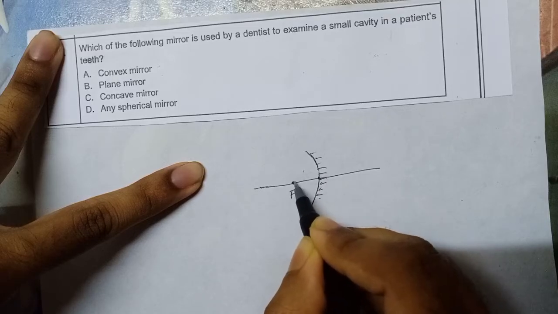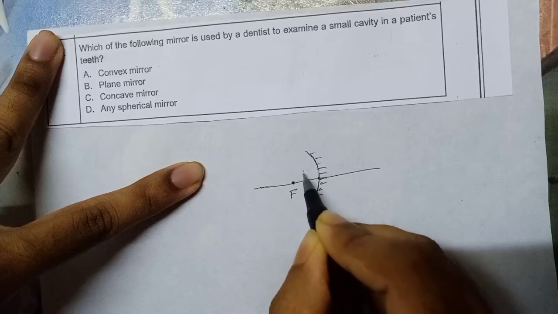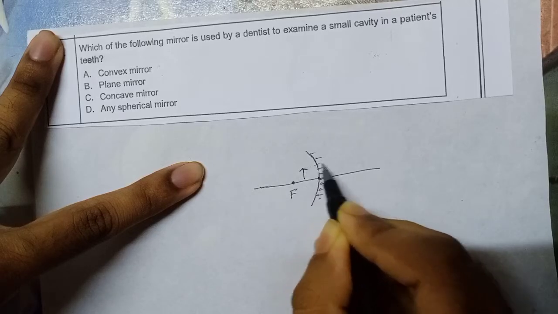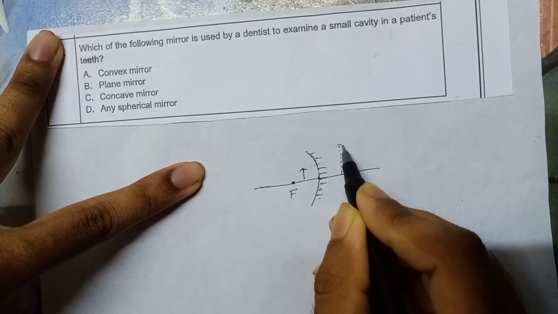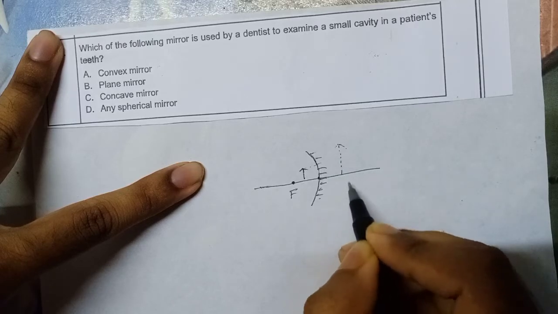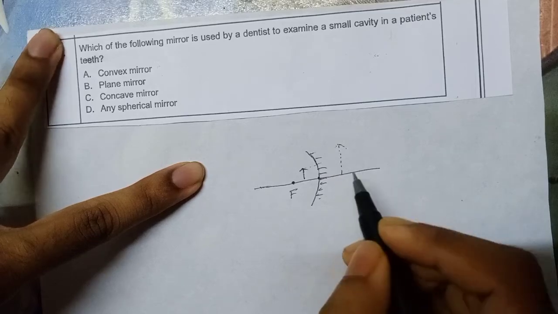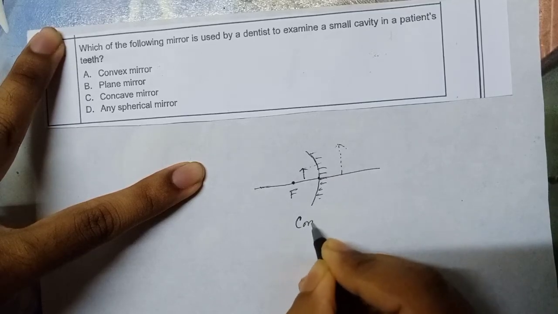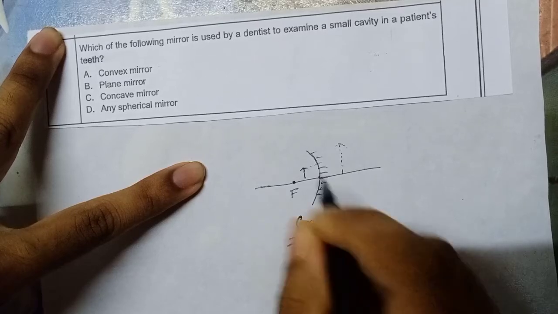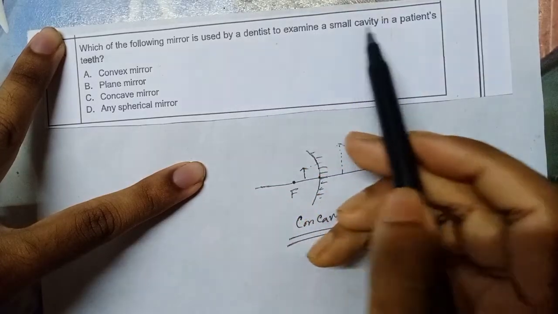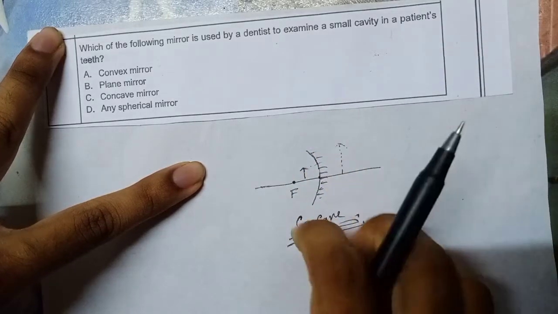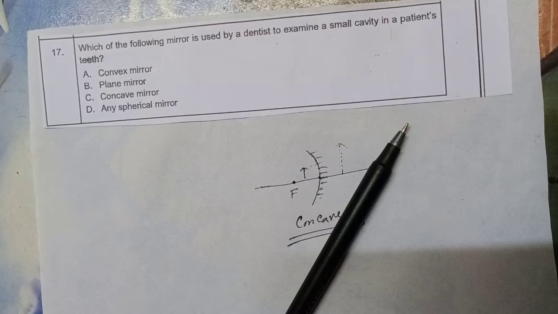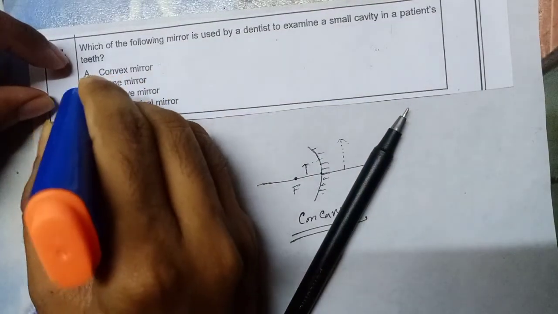When an object is kept between the focus and the pole, it produces a virtual magnified image. So a concave mirror is used by a dentist to examine a small cavity, to magnify it. So the correct answer is option C, that is concave mirror.